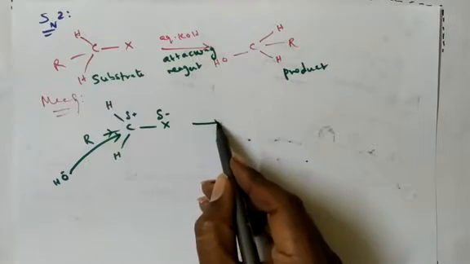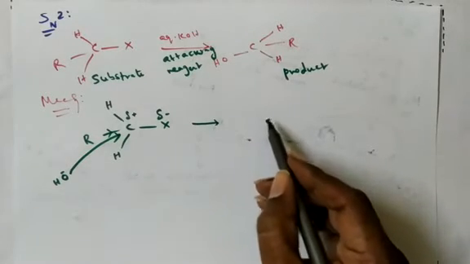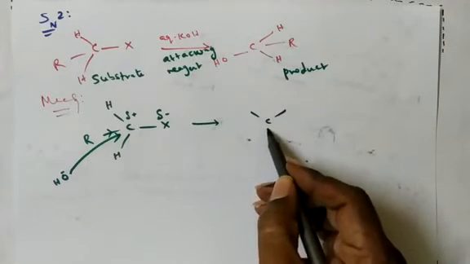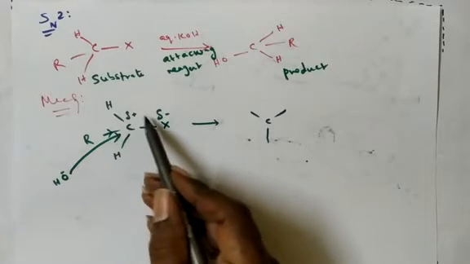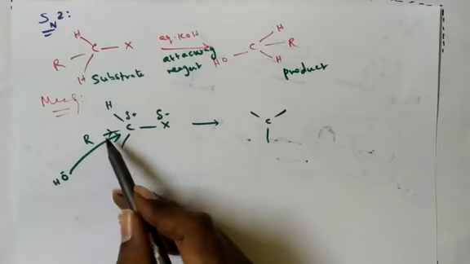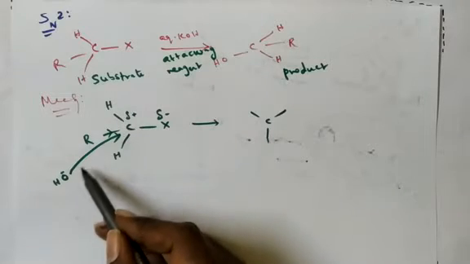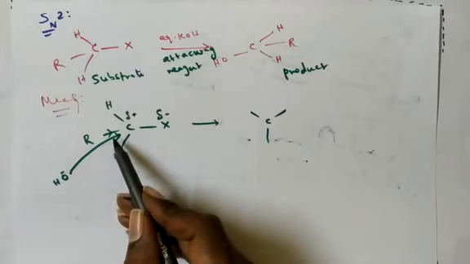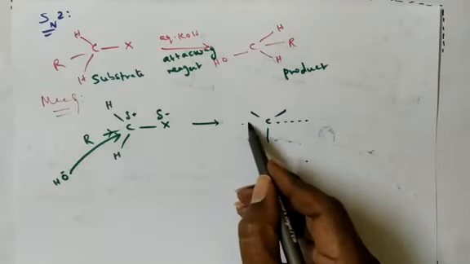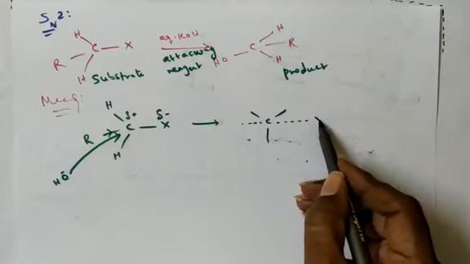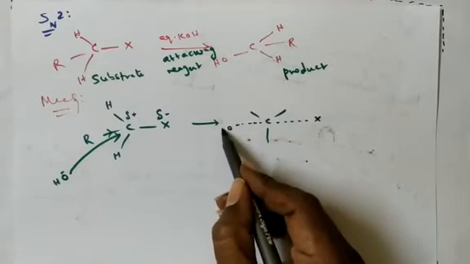Now it forms a state like this. Because of this backside attack, all the bond pair electrons undergo repulsion with the incoming nucleophile electron pair, and we get this kind of state, with X and OH.